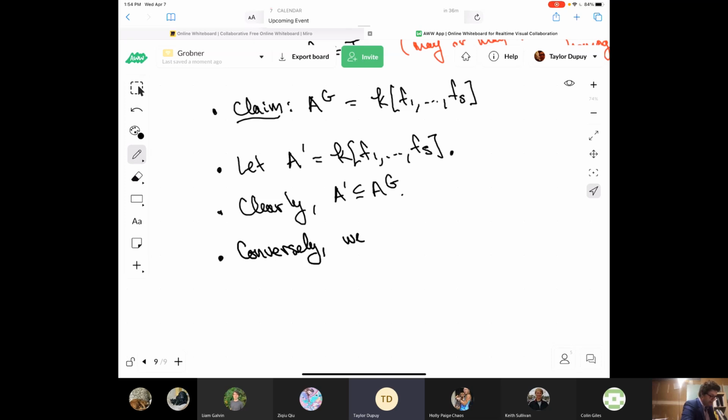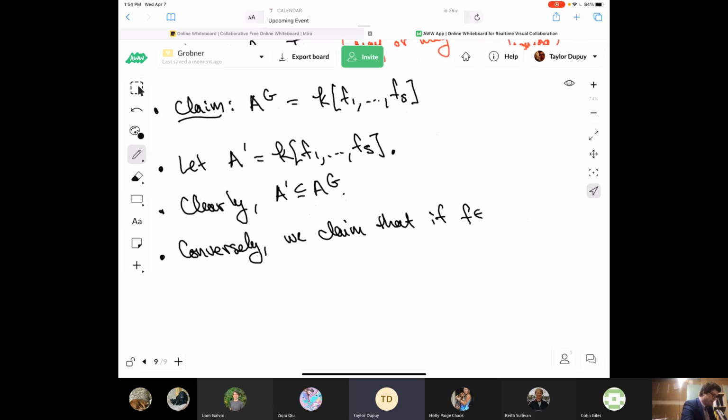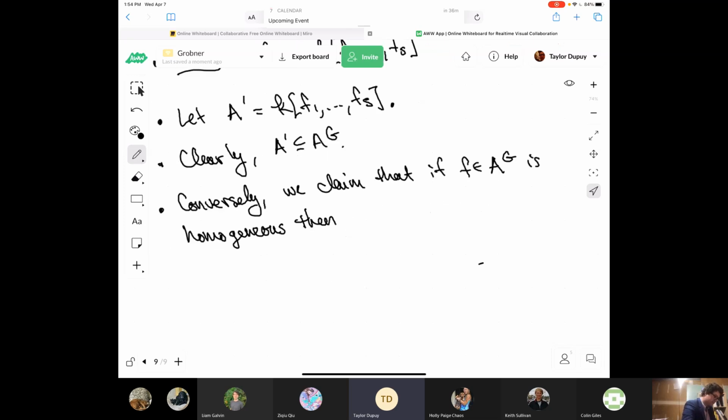Conversely, we claim that if f in AG is homogeneous, then f is an element of A prime.